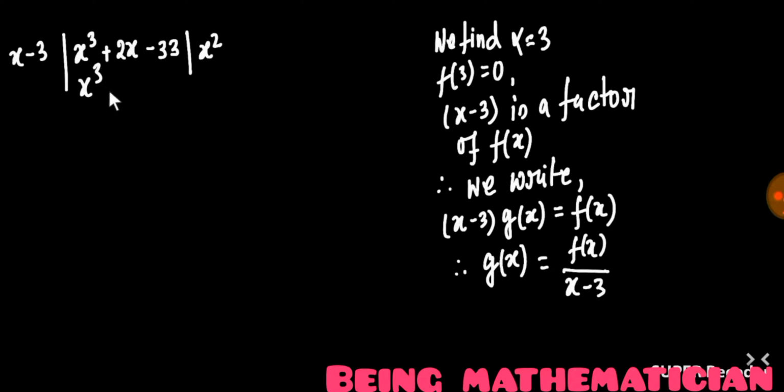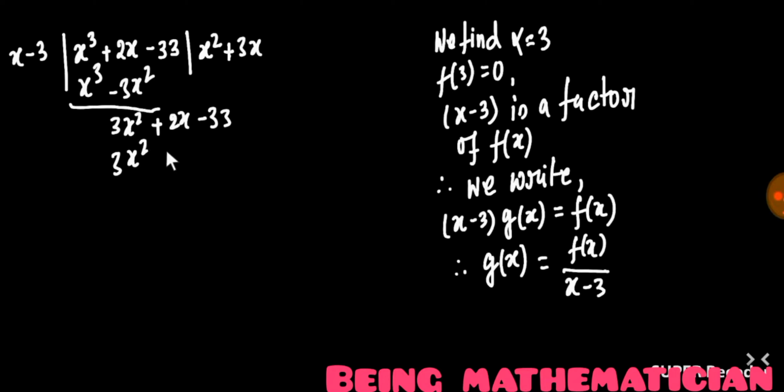Now x cube minus 3x square, so it will be 3x square plus 2x minus 33. Now we take 3x, so 3x into x minus 3 is 3x square minus 9x, and now 11x minus 33, so obviously it will be 11, so that will be 11x minus 33.